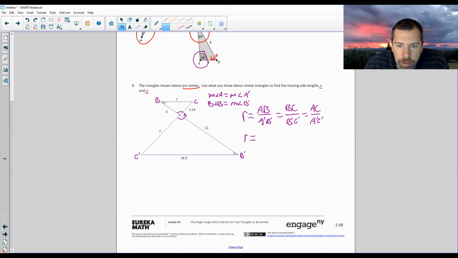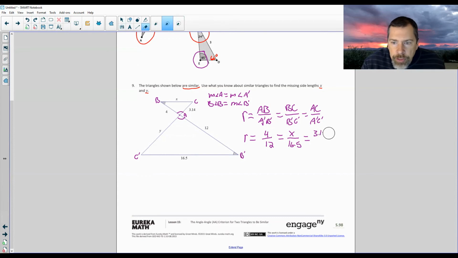So our R is going to equal AB 4, A prime B prime 12, equals BC over B prime C prime, equals AC, 3.14.